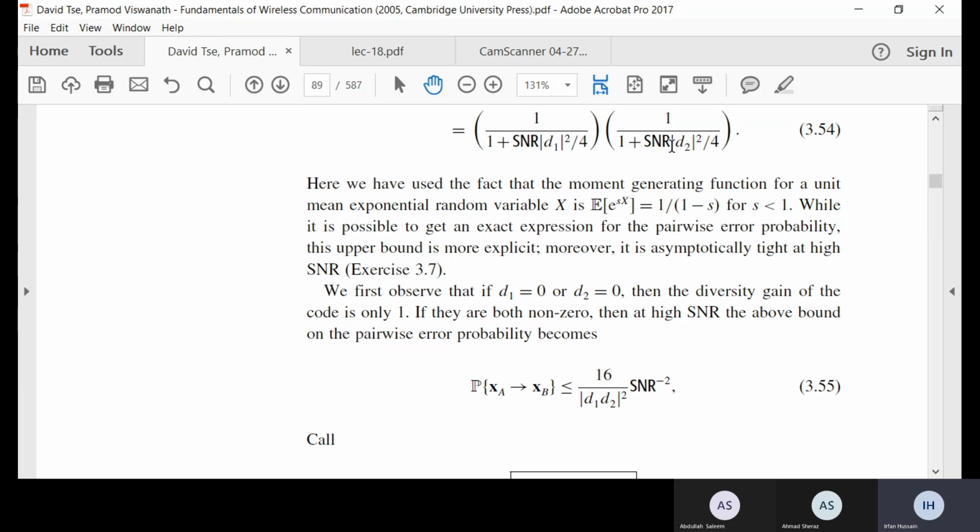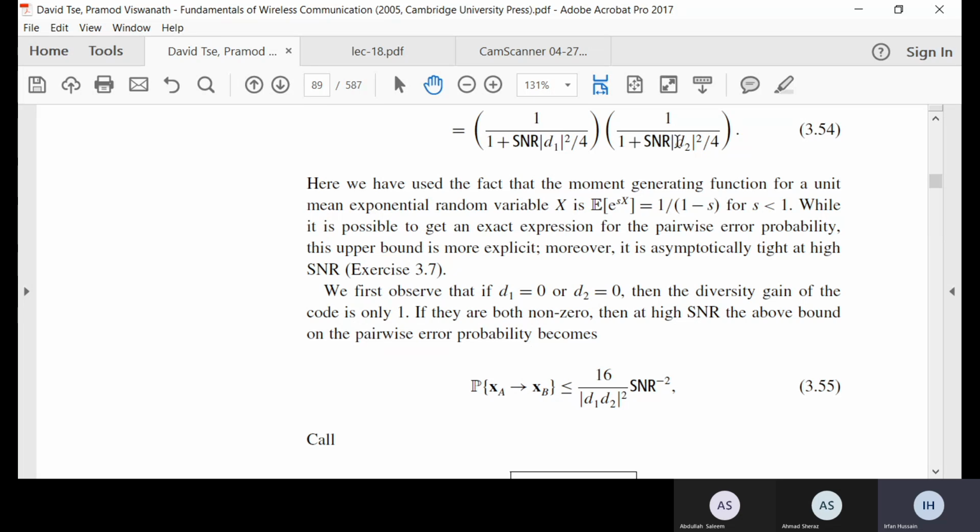If d2 is 0, then this will go to 0, still you will get 1 over SNR. So if you don't have these differences, then your diversity gain will reduce to 1. But if you have these distances, and you can see xa and xb, they are at distances. All right. But it might happen that because of h, the distances are vanished.